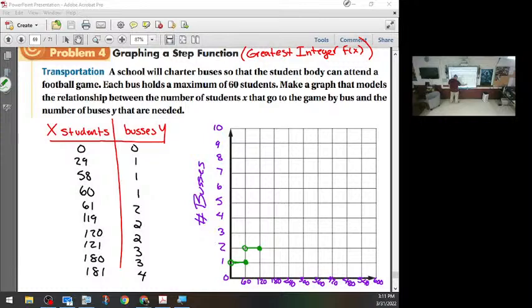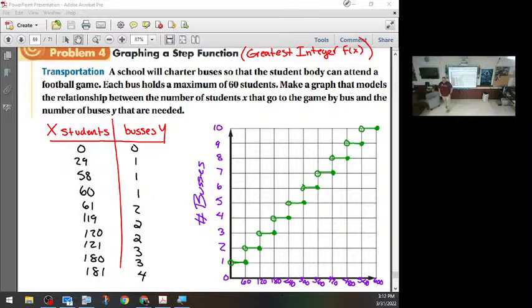But as soon as I go to the next kid, 121 kids, I'm at 3 buses. And then 4 buses. And then 5. And then 6. And now I have the pattern where I get to fill this all in.